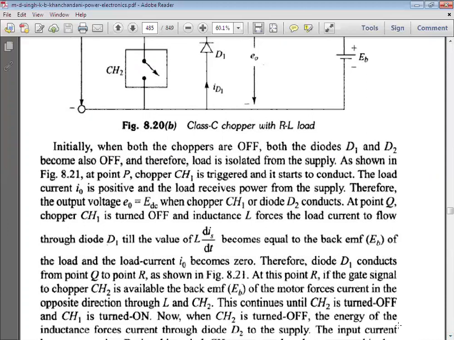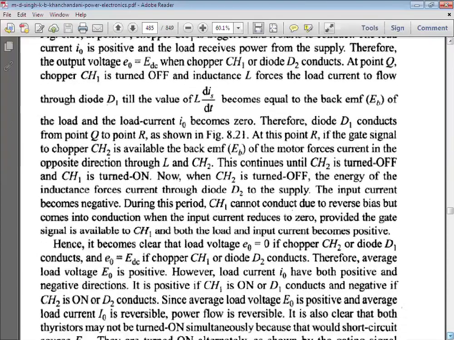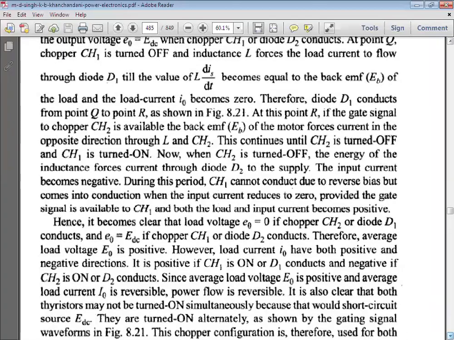At point Q, chopper 1 is turned off and the inductor L forces the load current to flow through the diode D1 till the stored energy is equal to 0. Therefore, at that point D1 conducts, and the gate signal goes to chopper 2.